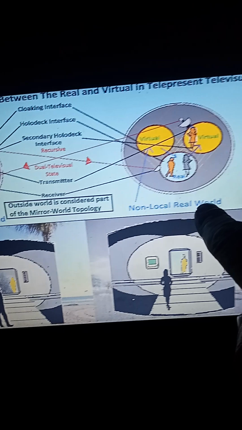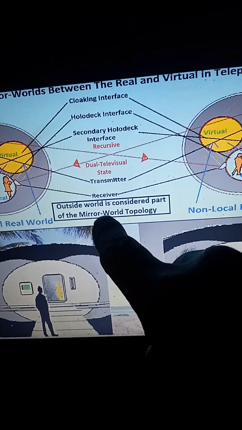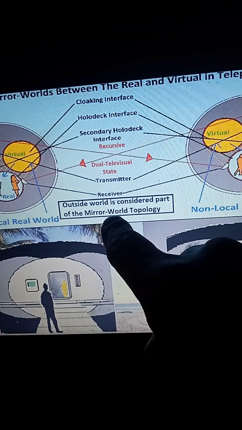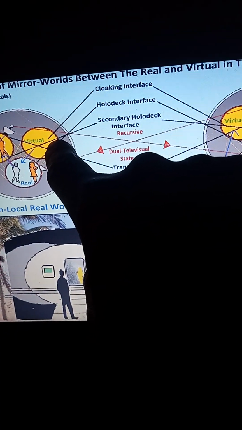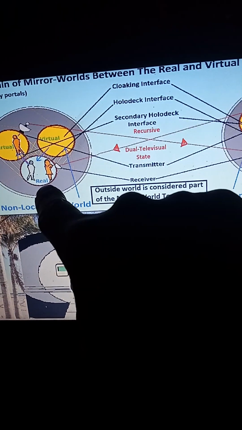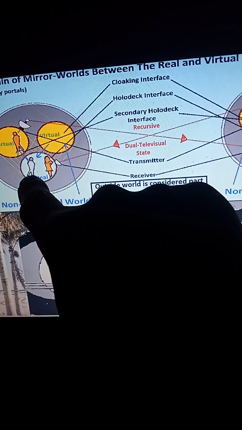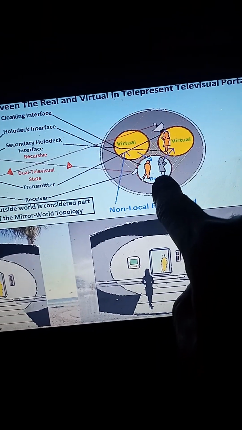So here's the chain of mirror worlds in its simplest form. The outside world is part of it first. It feeds into each other's cloaking interface, which feeds into the real holodeck, where the person is, in this case Bob and Alice.